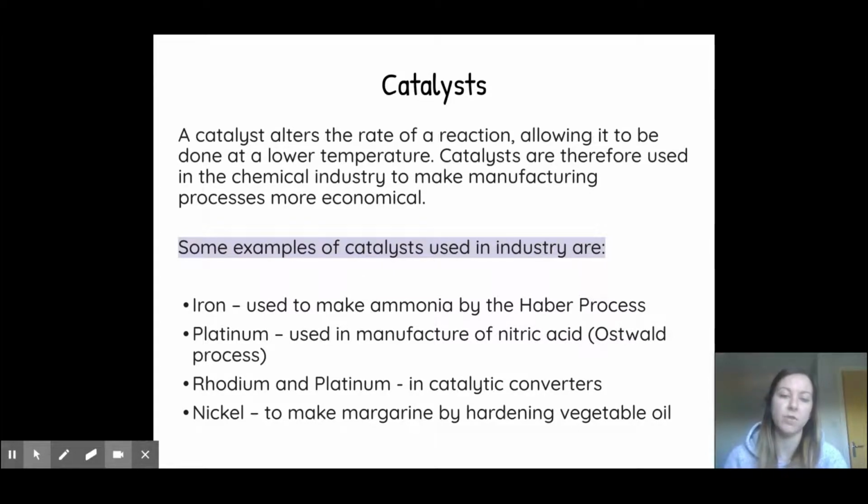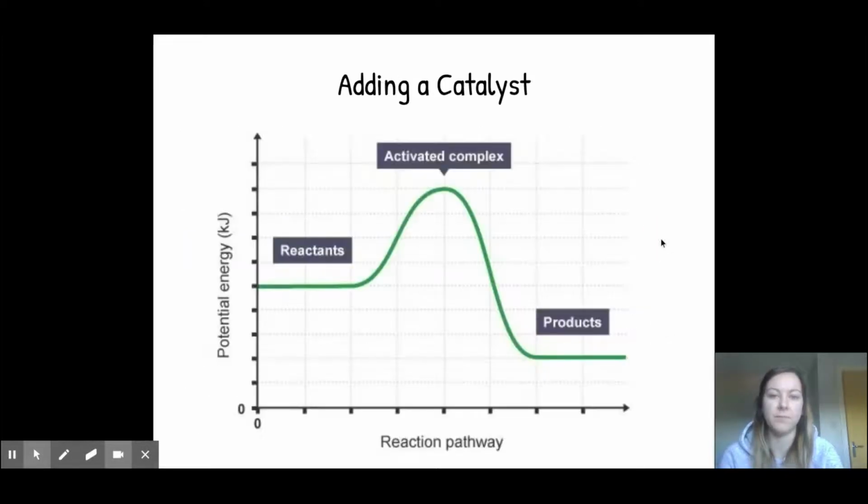Rhodium and platinum are the two which are used in catalytic converters, which you might be familiar with from S3. And nickel, we are definitely familiar with for more than a few different reasons, used to make margarine by hardening vegetable oil. We learned about that in Unit 2, and I also always talk about it. So choose a couple of them to just have as your examples of catalysts in industry.